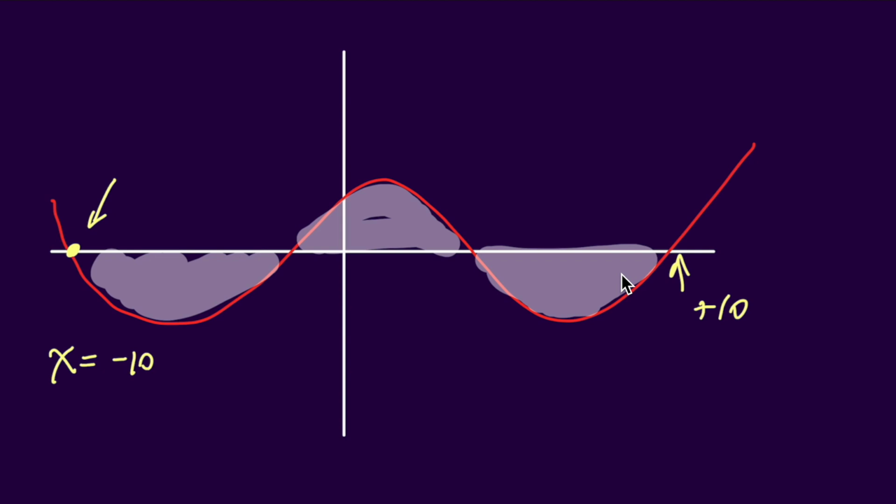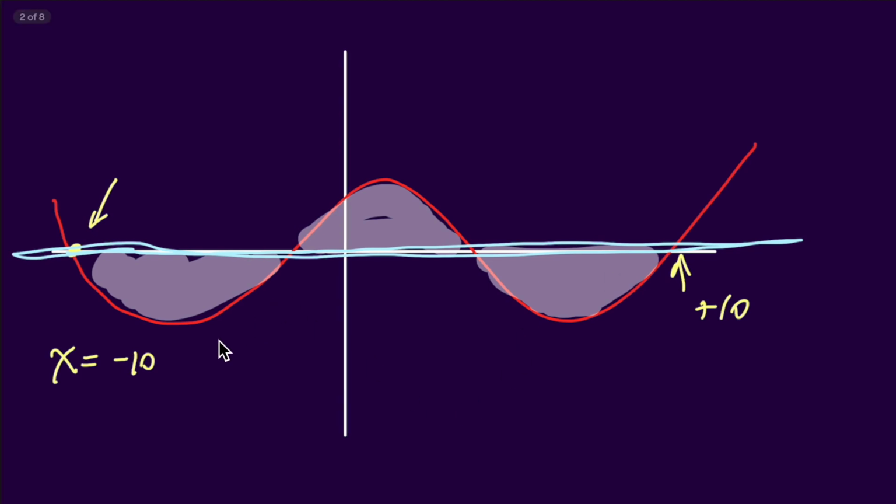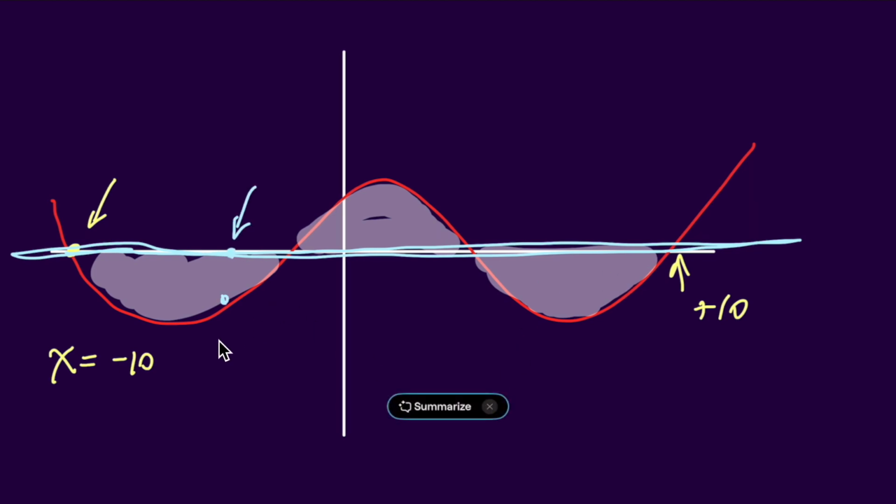However, if we're asked to find the area between the two curves, y equals 0, which is of course the x-axis, and this function, whatever it is, this section's going to be positive because the integral is going to be set up with the top function minus the lower function. This is going to be positive.